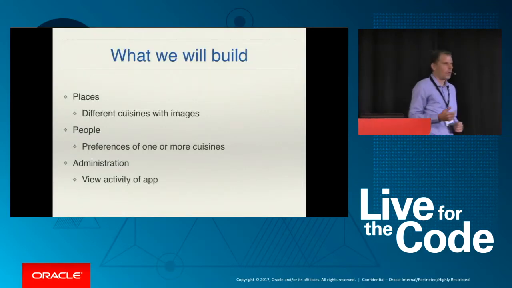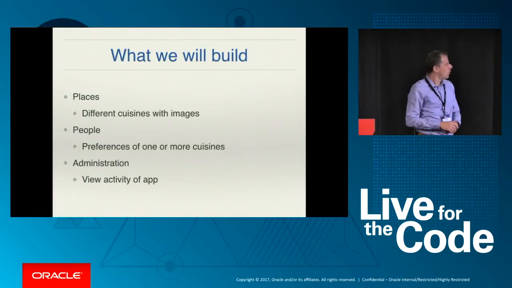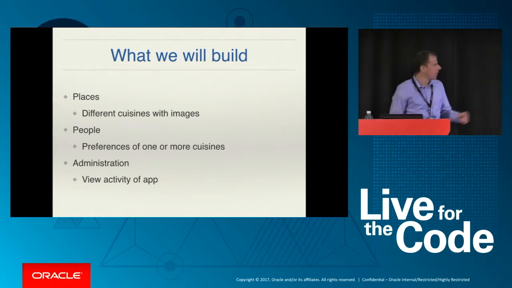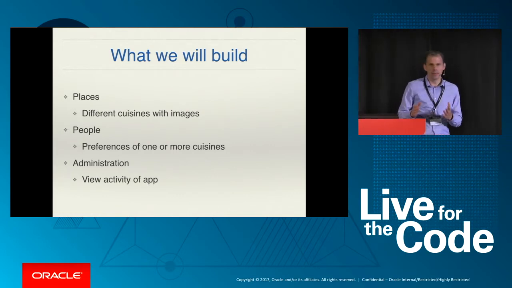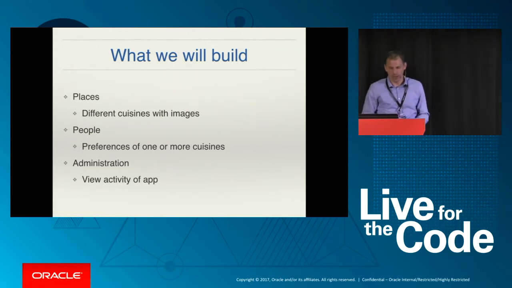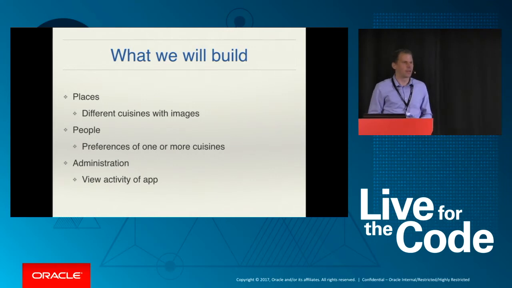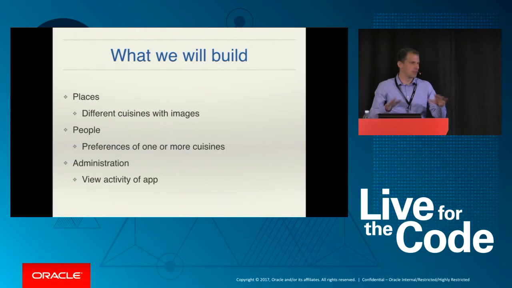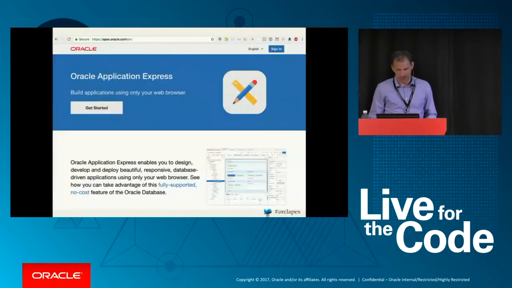What we will build is, we have places, or we will call them food courts. We will have some images there, which I downloaded from the internet. We have some people, and they can vote on what they like. And then we have some administrator pages. Again, if you have any questions during the session, just let me know.